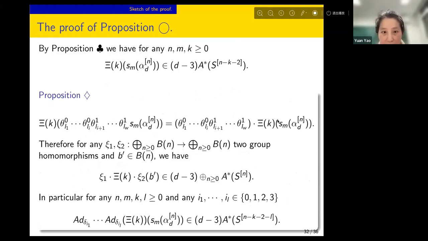So we have this proposition, this statement: once you have C_KS on any Segre class, you get a d minus 3 factor. By this proposition, no matter how many zetas come before this Segre class, after you act with them you always have the factor d minus 3.